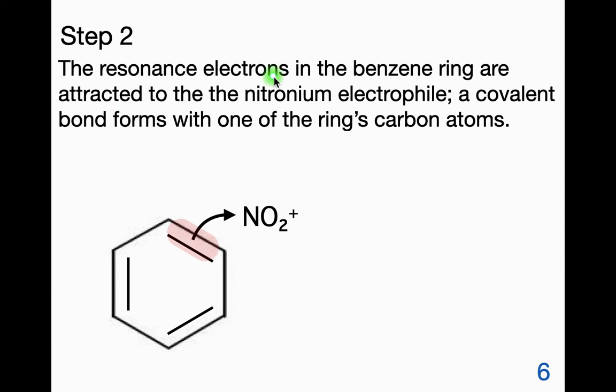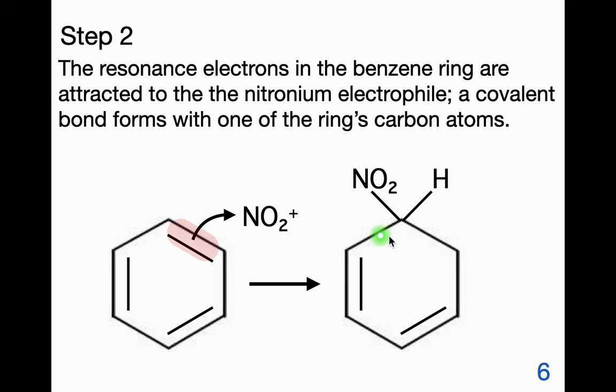Step 2. The resonance electrons in the benzene ring are attracted to the nitronium electrophile. A covalent bond forms with one of the ring's carbon atoms. So I've just highlighted the bonding between 2 carbons. And I'm using the double bond here because it's a better way of illustrating what is going to occur. So one of the carbons, I'll pick this carbon, is going to form a covalent bond with the nitronium.